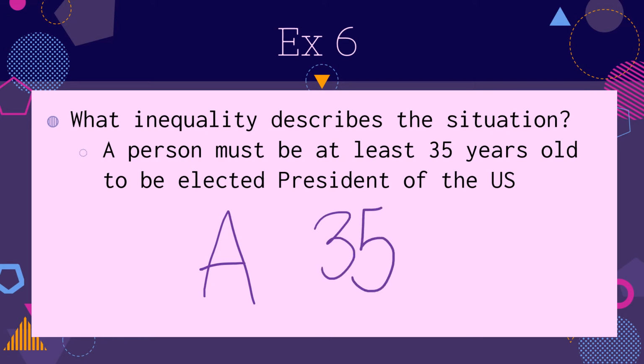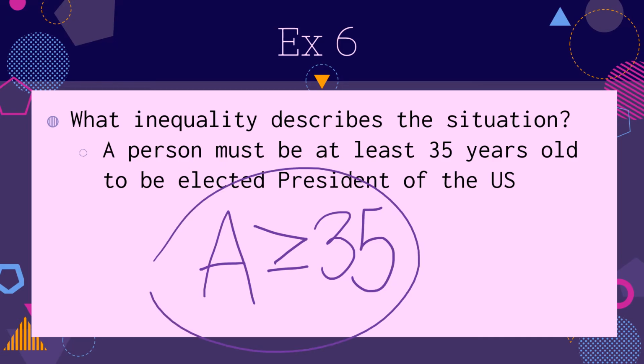Now think about this: can I be less than 35 and be president? Nope. Can I be greater than 35 and be president? Yep. Could I be exactly 35? Yup. So when you have real-world situations, it's actually easier. Just think, bigger or smaller, and can I be exactly that number?